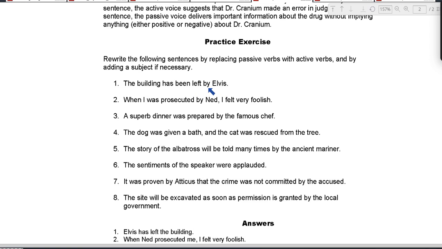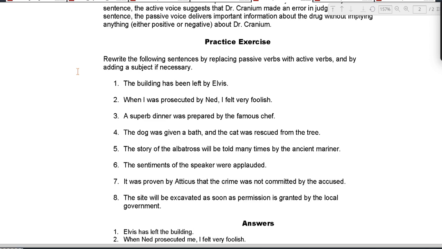The rule says that when we use anything in passive, we write by. So by will be removed, and it will become: Elvis has left the building.